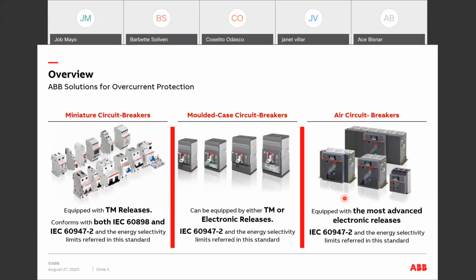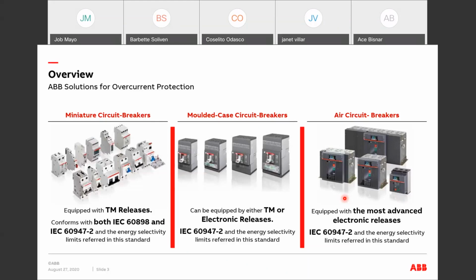So as you can see, from miniature circuit breakers up to air circuit breakers, they follow one standard, which is IEC 60947-2. The only difference is that for miniature circuit breakers, we also have the IEC 60898-1 standard.